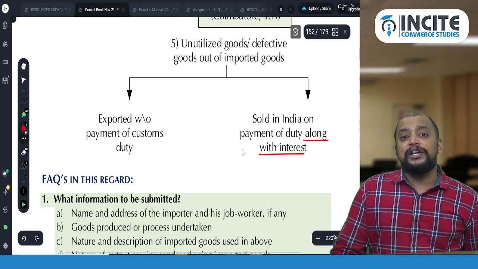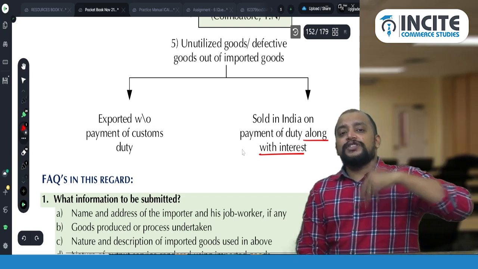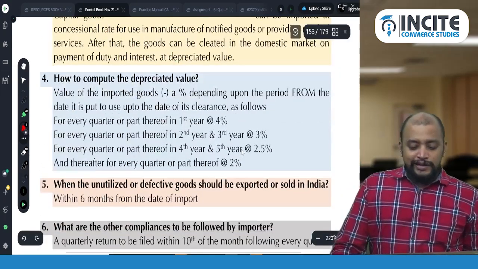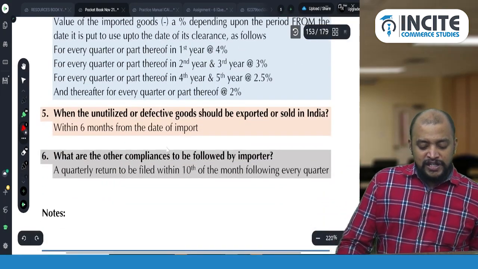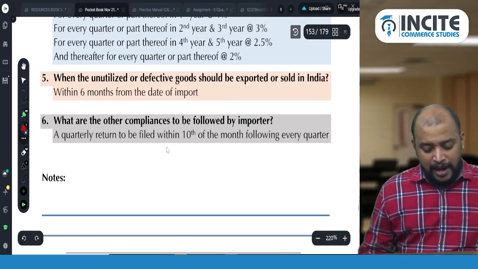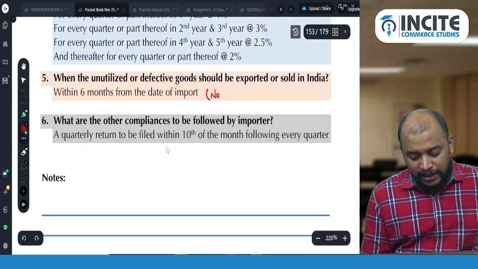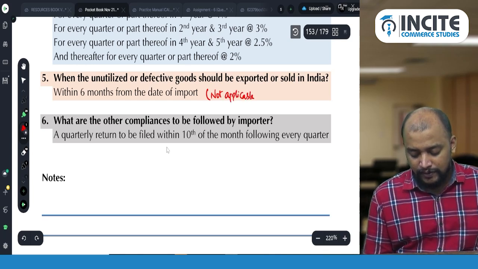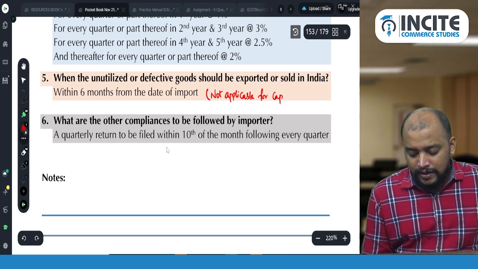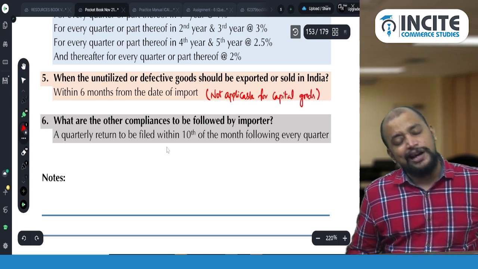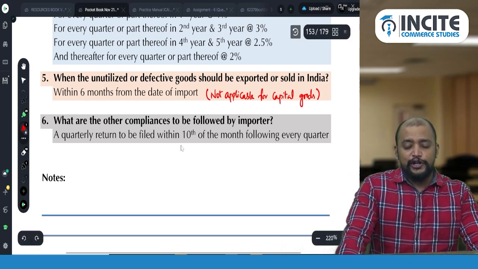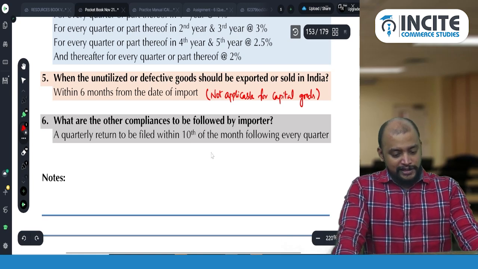See, other than capital goods, for capital goods there is no time limit, but for normal goods this 6 months from the date of import applies; it is not applicable for capital goods. So for capital goods, they can be sold in India thereafter also, and they have to pay customs duty on the depreciated value along with interest.